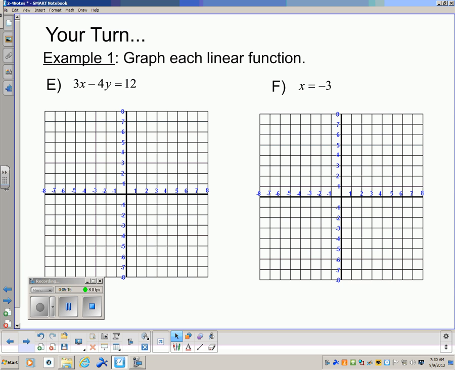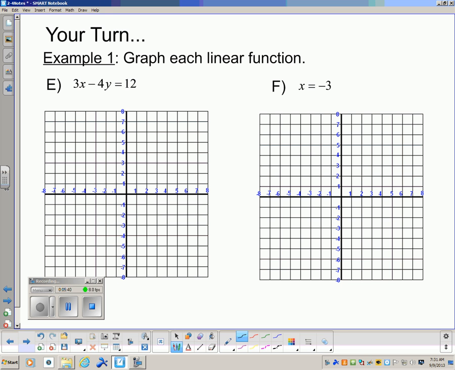So we've got a few more here to do together. So let's try these out as well, as we're looking there at 3x minus 4y equals 12. And again, you get to choose, are you going to put it in y equals mx plus b form, or are you going to go ahead and just graph it out using your x and y-intercept?